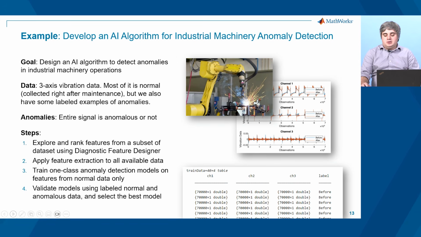What we want to do is label each 70,000 points as an anomaly or not, so that whole subsequence is classified as one thing or the other. We'll bring that in, do some feature extraction from the raw time series data, then use that to train some of these 1-class models and validate them against the anomalies that we labeled in the earlier part.